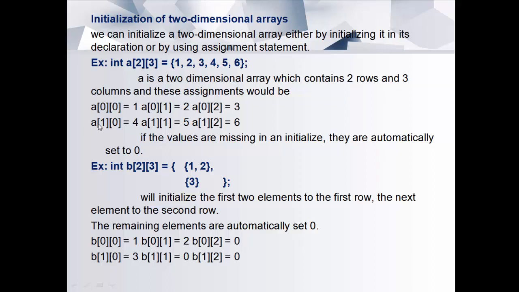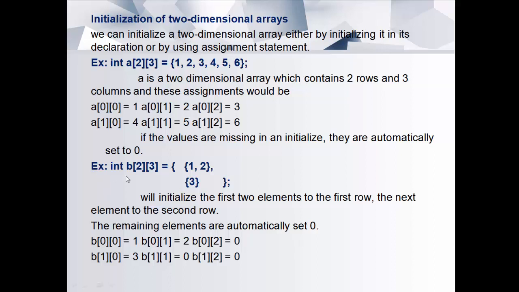Similarly in the second row, a of first row 0th column is 4, a of first row first column is 5, and a of first row second column is 6. If values are missing in an initializer, they are automatically set to 0. If I leave out 6 here, it will by default take 0.